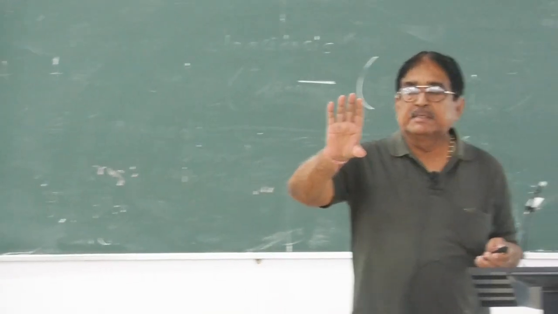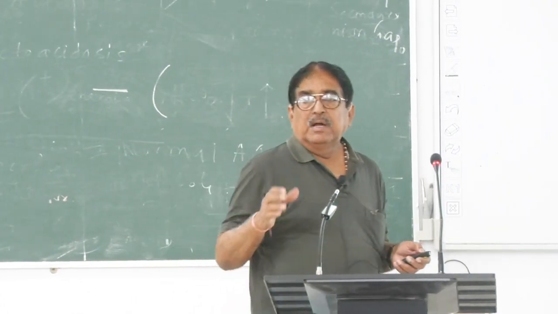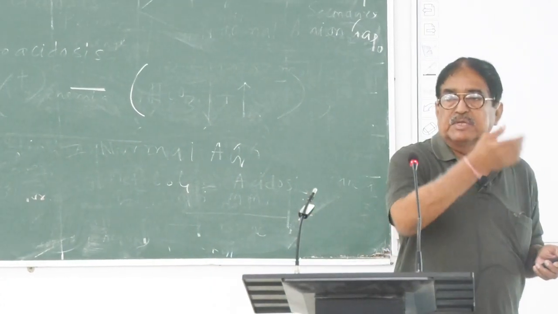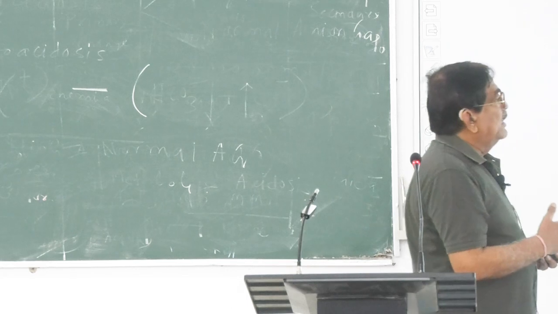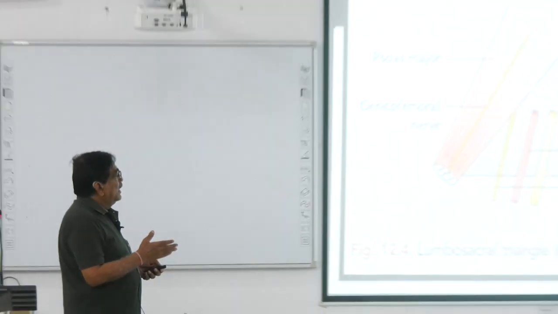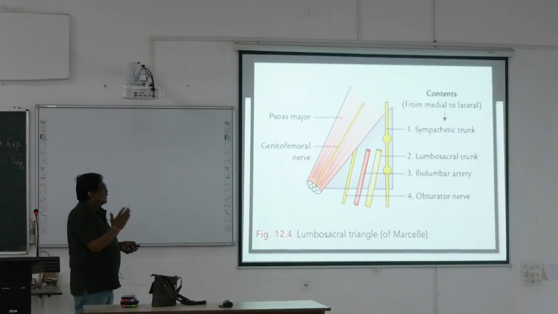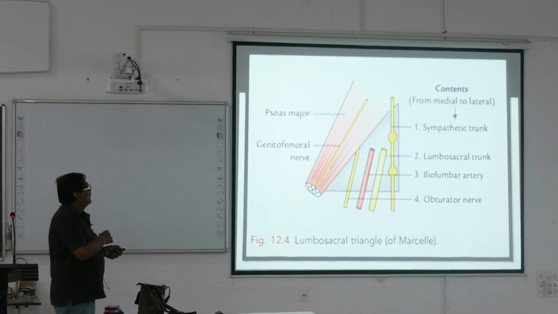It can be a short note. You illustrate like this: just draw from medial to lateral, sympathetic trunk, lumbosacral trunk, iliolumbar artery, and obturator nerve. And this is the genitofemoral nerve, and this is the psoas major muscle.